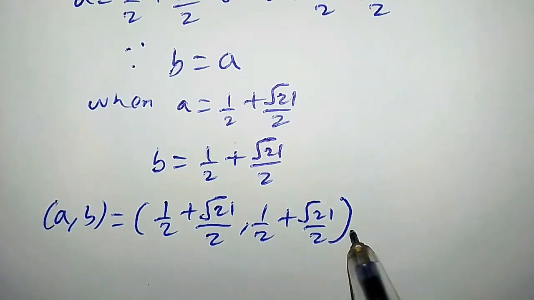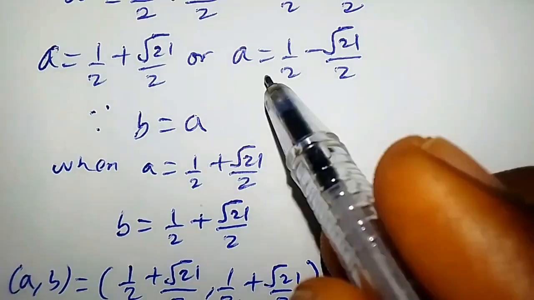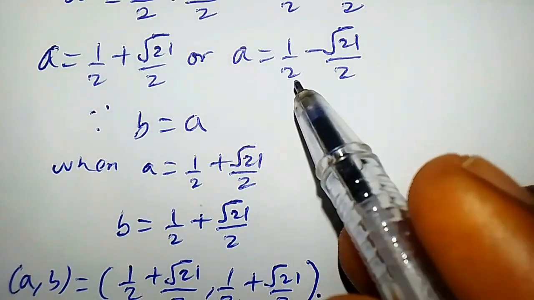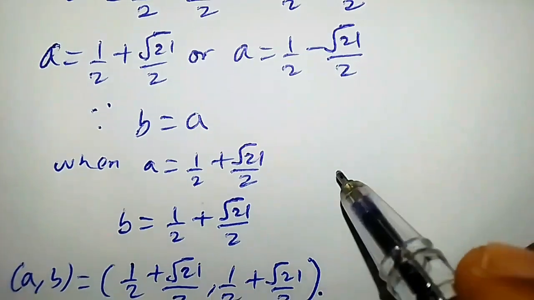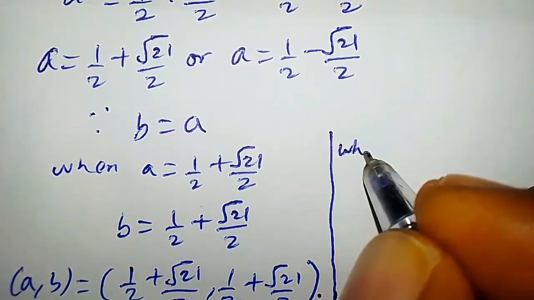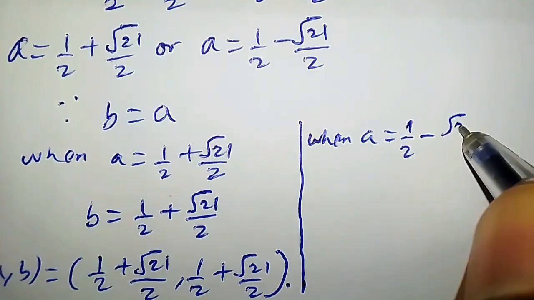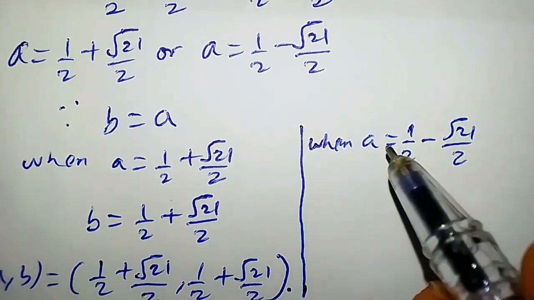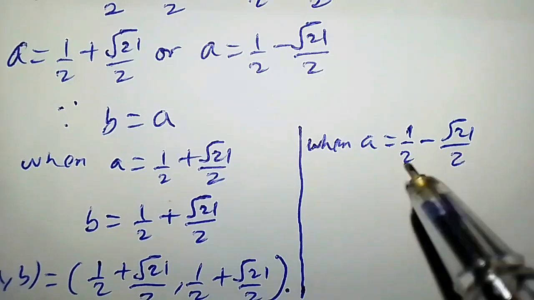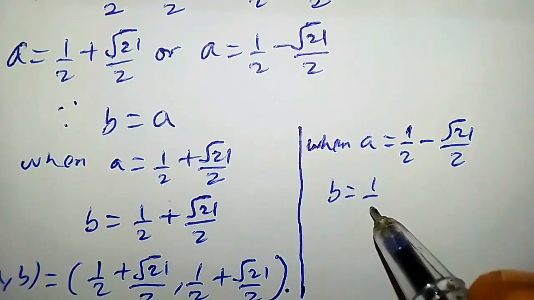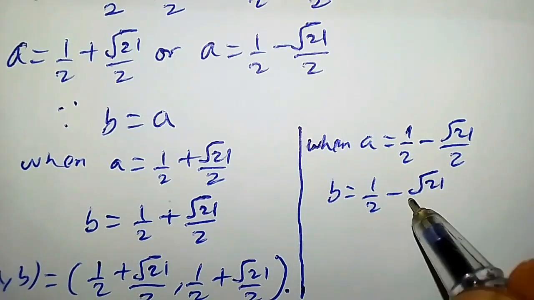This is the first solution. Now, let us consider the second, when a equals 1/2 − √21/2. Plugging the value of a into b = a, we have b equal to 1/2 − √21/2.